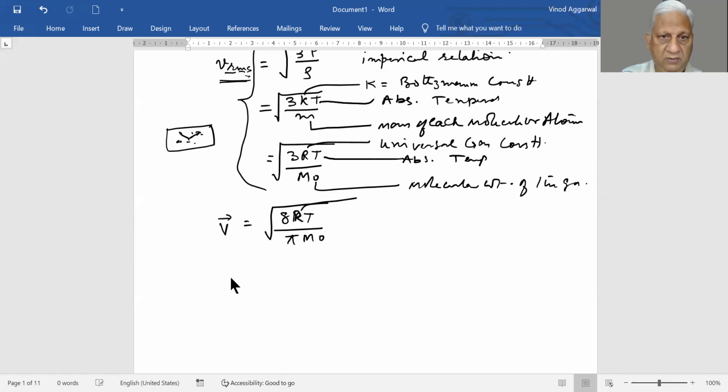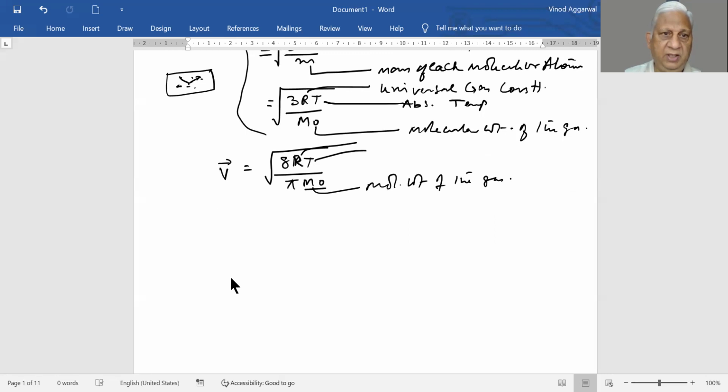We have already seen R, we have already seen T, M0 same as molecular weight of gas.